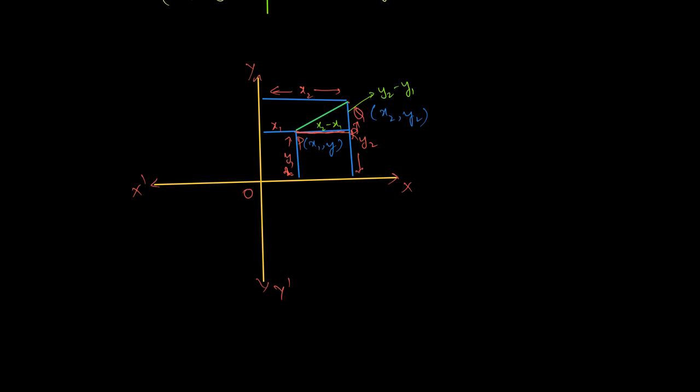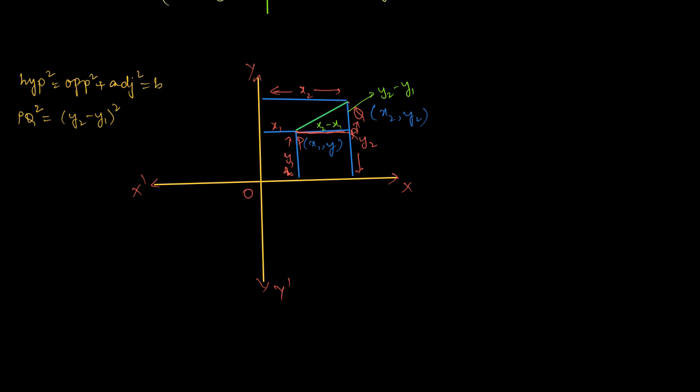Now from Pythagoras theorem we have hypotenuse square equal to opposite square plus adjacent square. So PQ square will be equal to, substituting the values, (y2 minus y1) whole square, which can be taken as opposite, plus (x2 minus x1) whole square, which is adjacent.